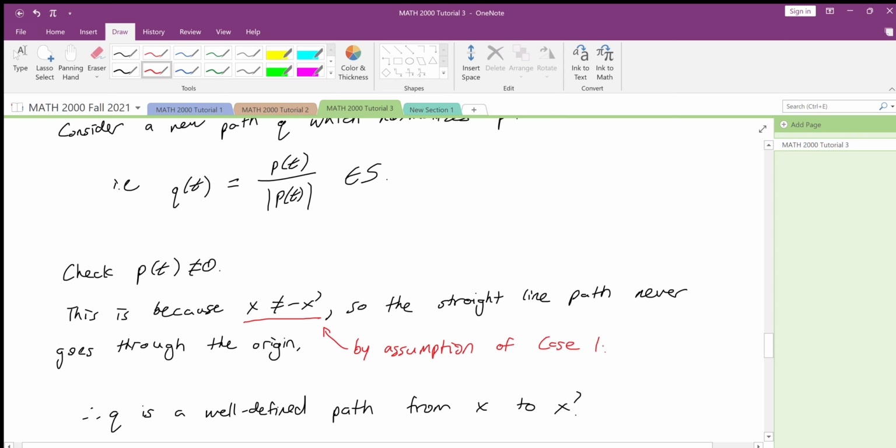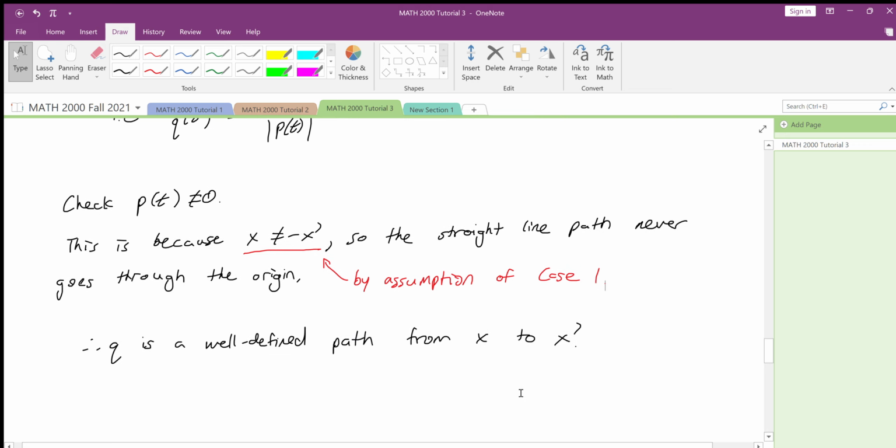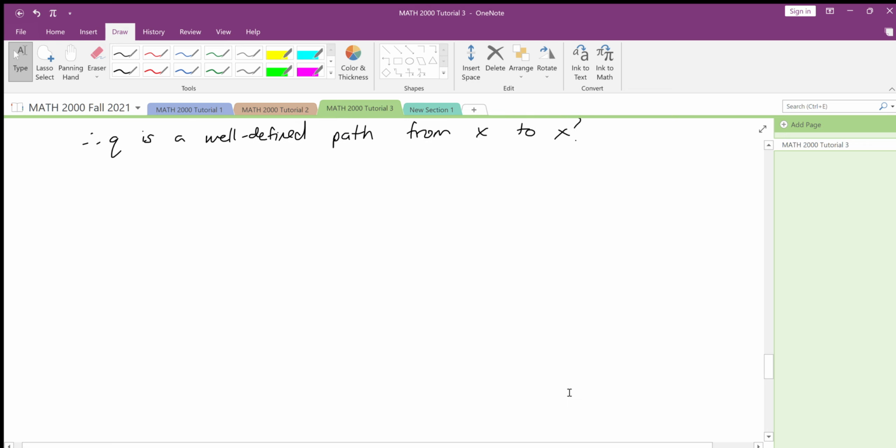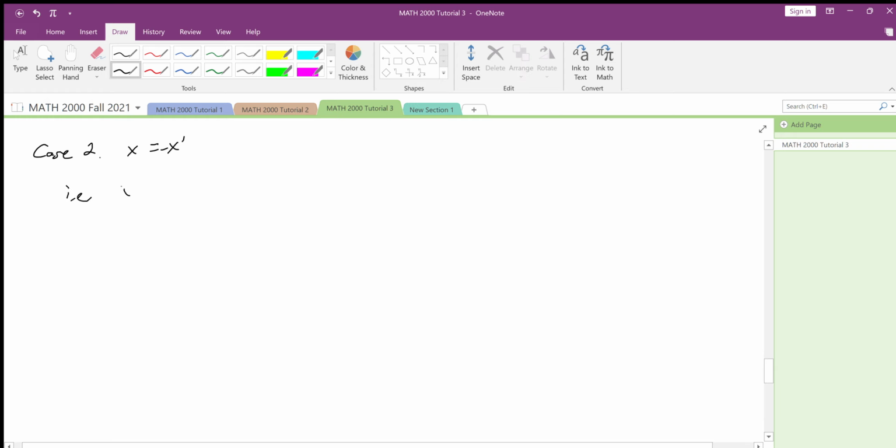And quite obviously in case 2, we're going to consider what happens when x and x prime are diametrically opposite. So that's case 1, case 2. x is equal to negative x prime. Did I write it correctly? Yeah. So in other words, x and x prime are diametrically opposite.